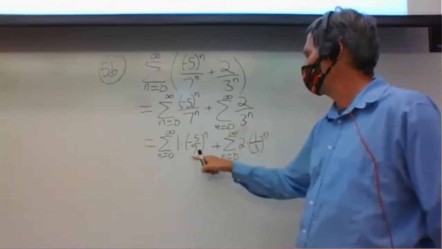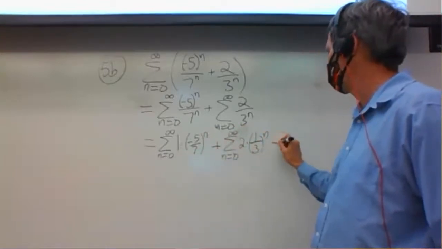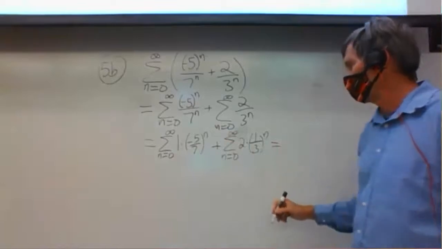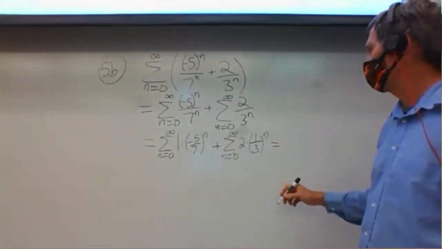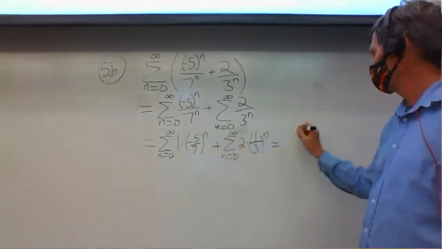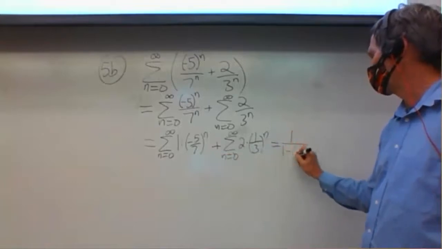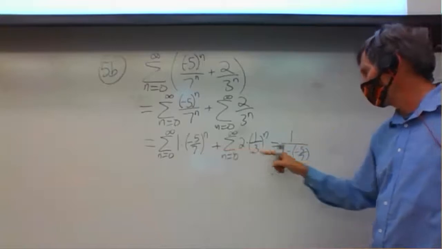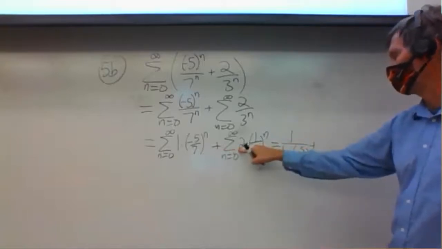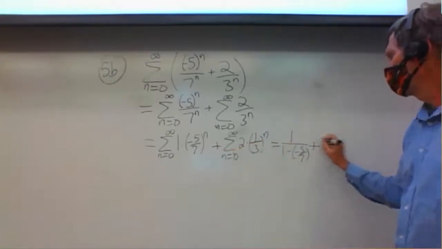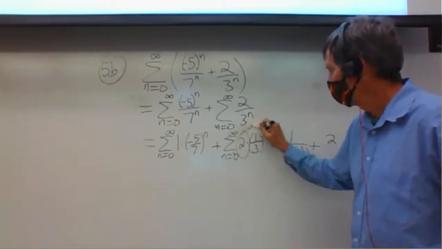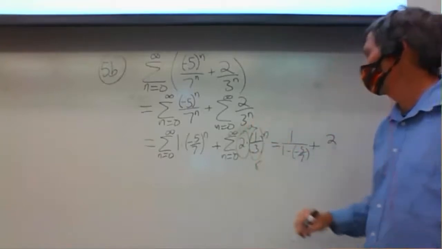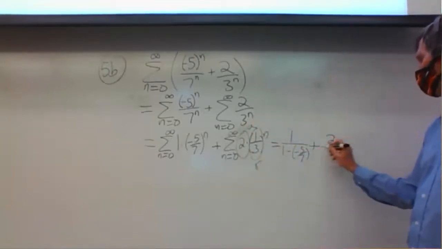And now it's a times r to the n, a times r to the n. Remember, these converge if and only if the absolute value of r is less than 1. So this one converges to 1 over 1 minus a negative 5/7. And this one converges to a over 1 minus r, where a is 2, so 2 over 1 minus a third.